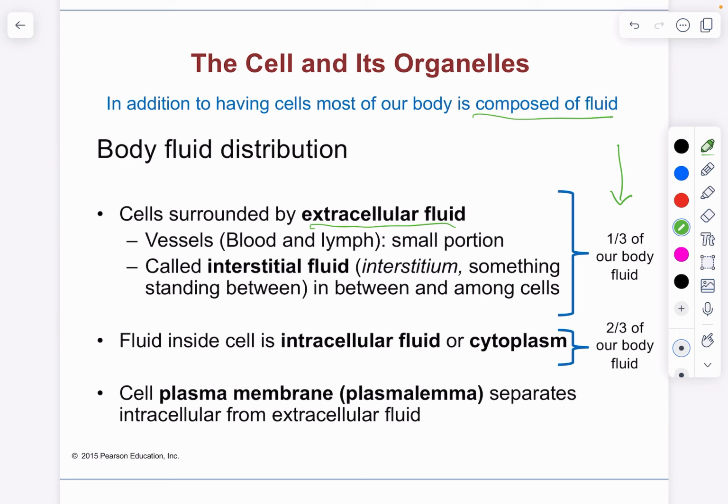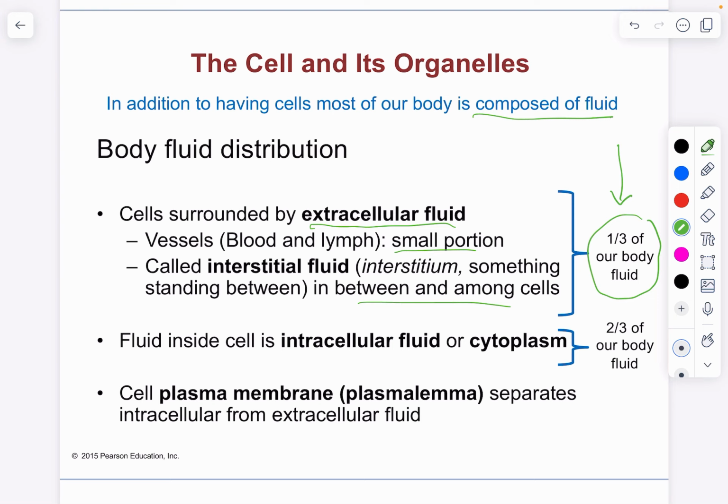There is some fluid that resides in blood vessels and lymphatic vessels. This is a small portion of the fluid. But the rest of the fluid is considered interstitial fluid. Interstitial means between. So in between cells and among cells, there is fluid. And again, this makes up about one third of the body fluid.